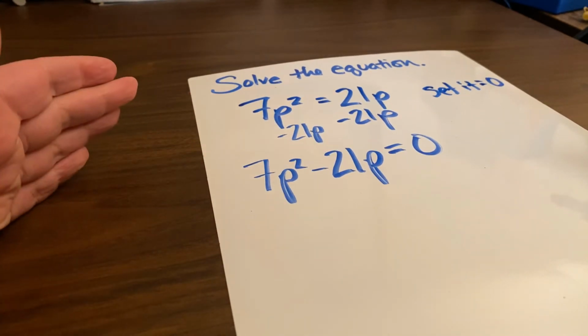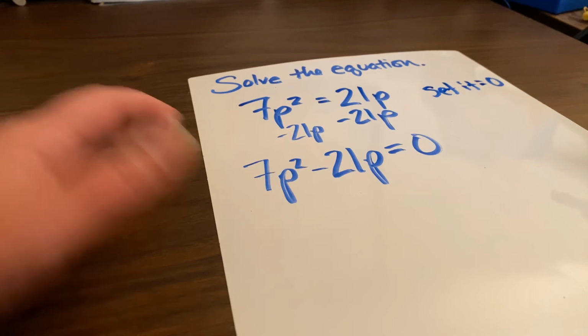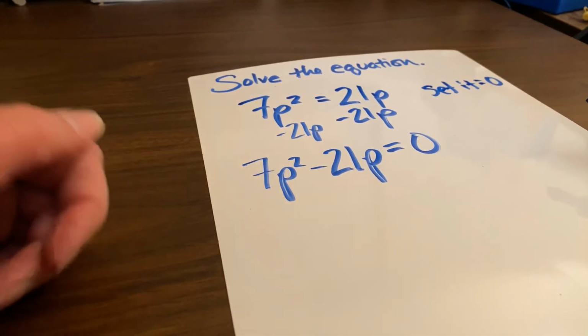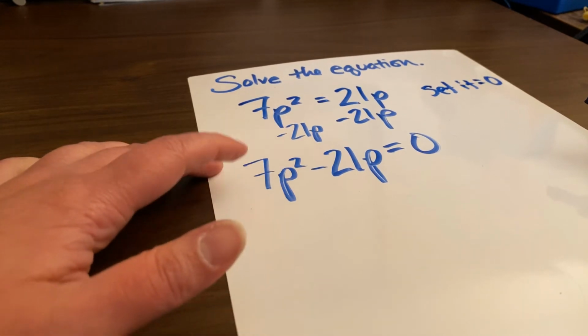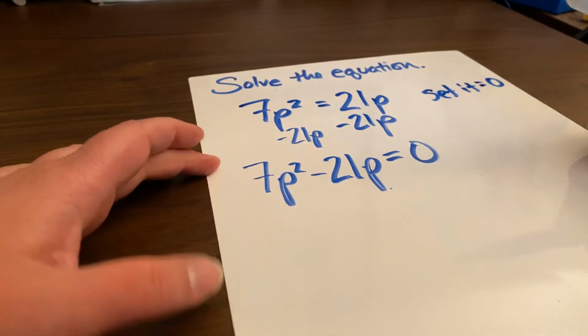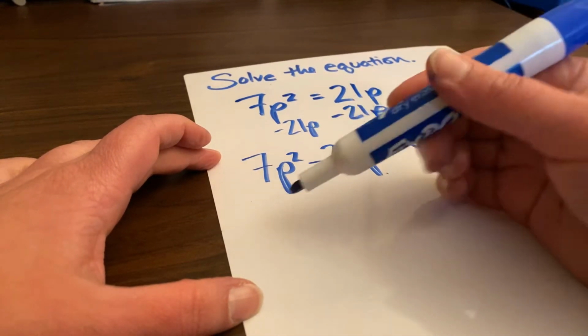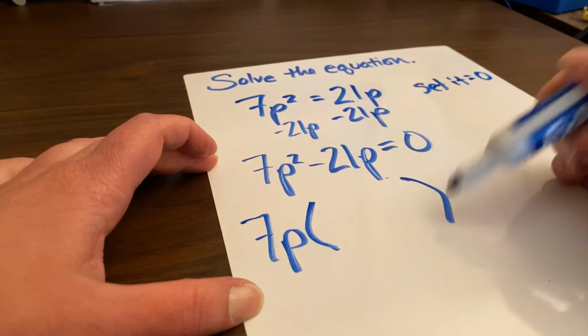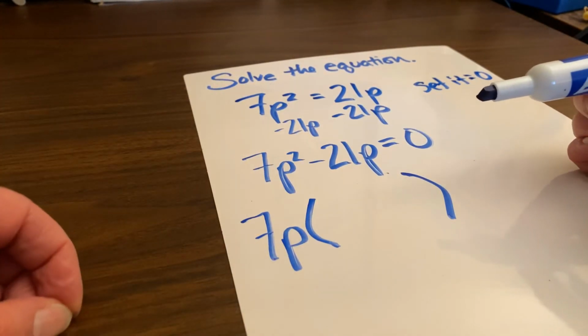Then we need to ask ourselves, is there a greatest common factor that I can factor out? Or what do these two terms have in common? 7 and 21 are both divisible by 7. Both terms have a p, so we're going to factor out a 7p. So we're going to pull the 7p out of the parentheses, right?